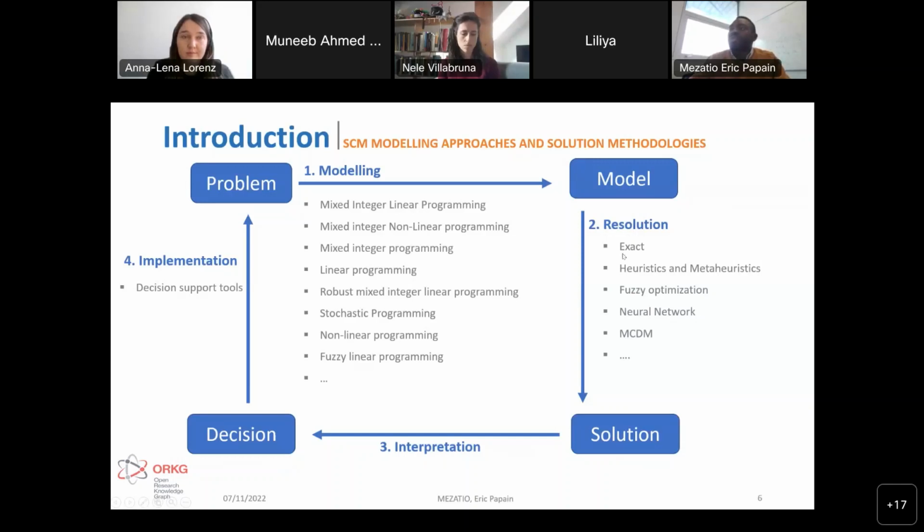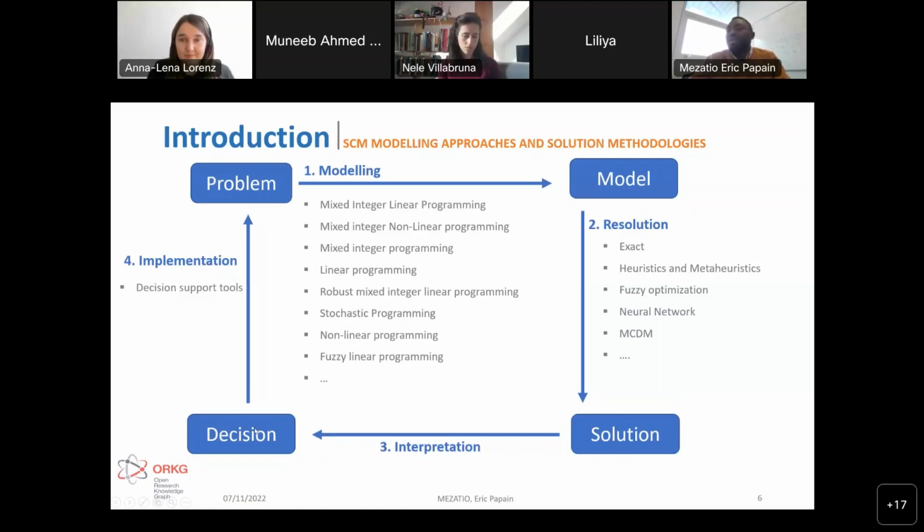For the method, you can use, for example, an exact method, with very specific algorithms like branch and bound and local search. You can use a heuristic or meta-heuristic method for very big instances, when your problem has a very big combinatorial explosion, you can use fuzzy optimization and neural networks, etc. When you have solved your problem, the next step is to interpret your results and get the decision from your product owner.